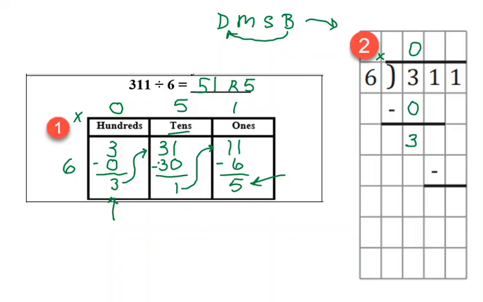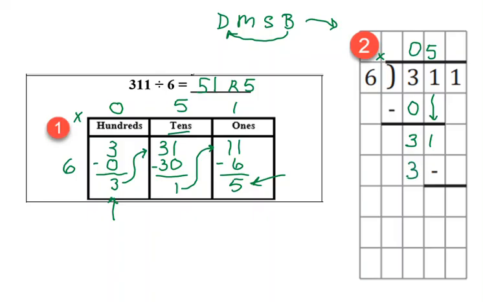Now, we took that 3 and we brought it up, but here we're going to bring down a number, okay? So that 1 is going to come down right here. We now have 31, and that's the same thing that we had right here. 6 goes into 31 how many times? Right, 5 times, and that's what we said right here. 5 times 6 is 30.